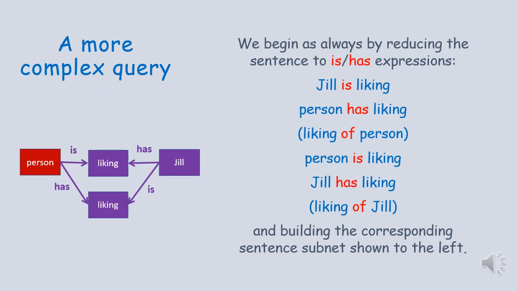We begin, as always, by reducing the sentence to is, has expressions. Jill is liking, person has liking, liking of person. Person is liking, Jill has liking, liking of Jill, and building a corresponding sentence subnet shown to the left.